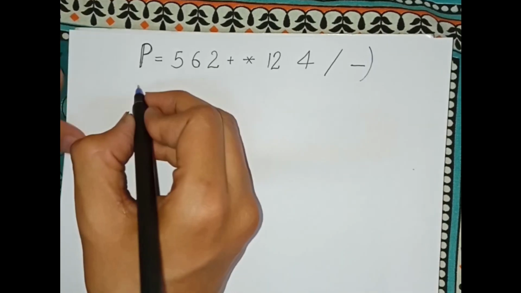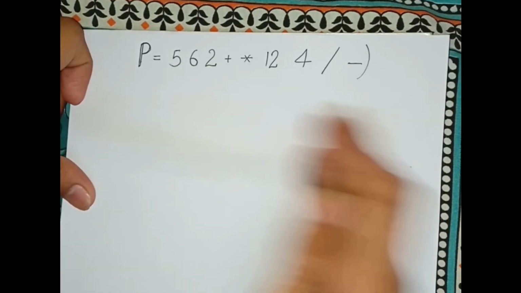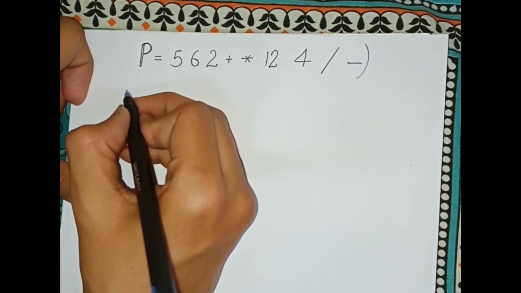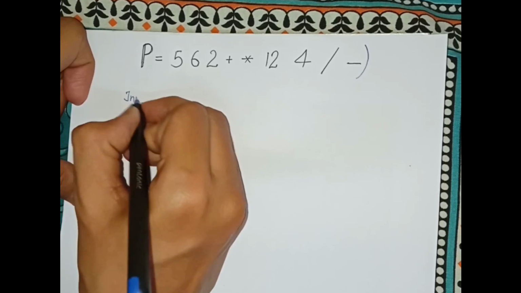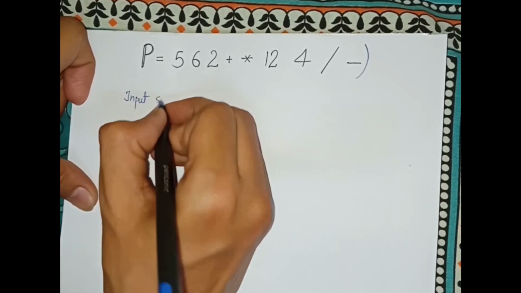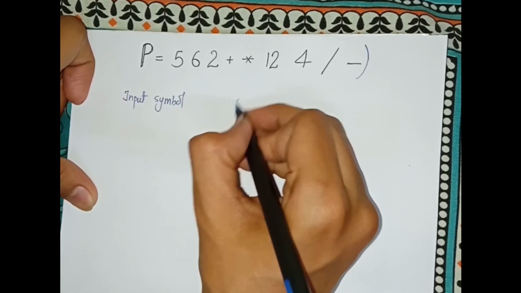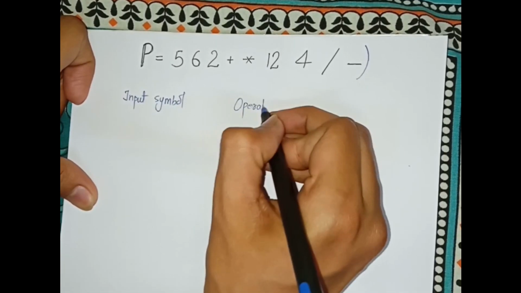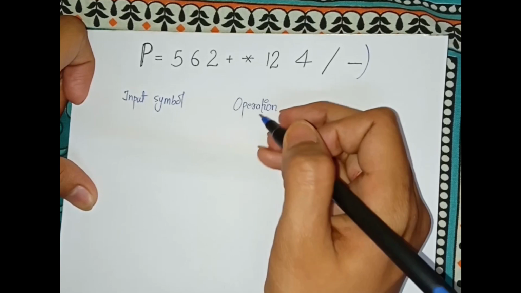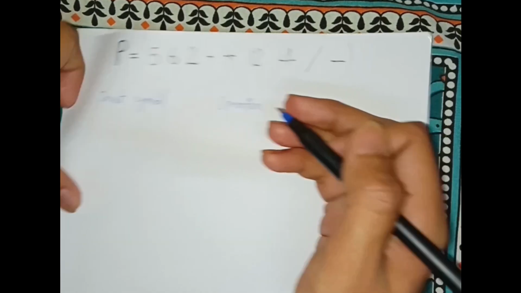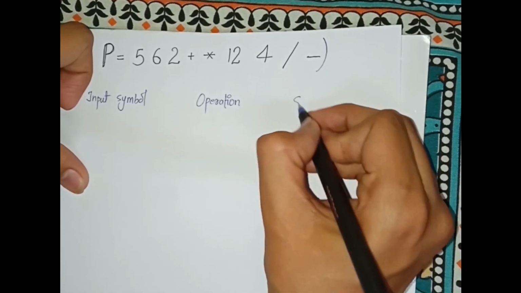But let's make 3 columns for getting the result in a proper manner. The first column will be input symbol. The second column will be operation, meaning are we pushing or popping, and the third column will be stack.